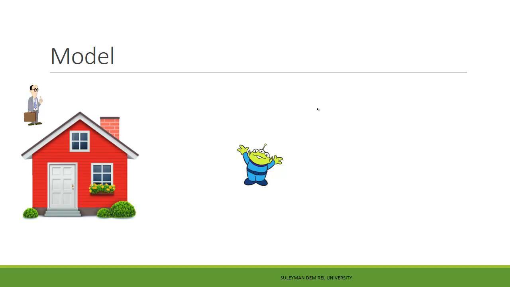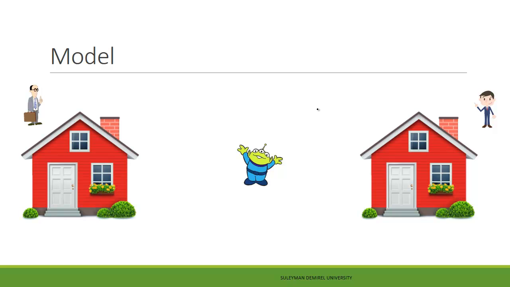To do it, we'll have two experts, two engineers, who will teach him one by one. Let's say this is going to be Beric and this is going to be Seric. They are going to teach what a home, a house, is.